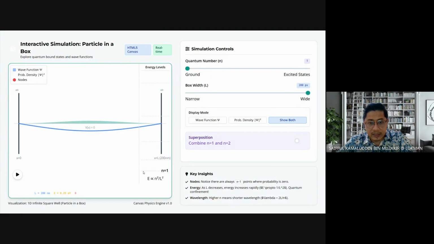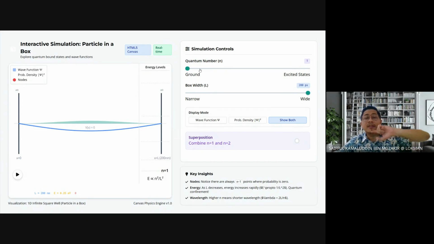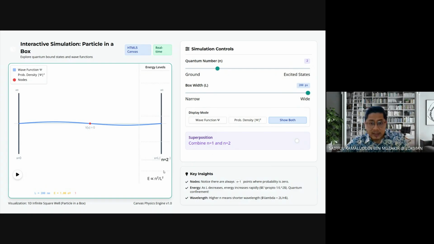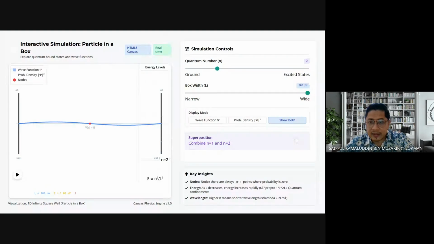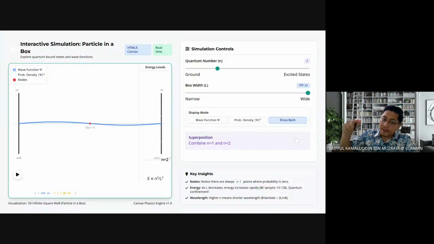E1 kat sini. How about E2, the energy level? Electron with excited state, the first excited state, it becomes like this. So E2 is like this. Naik atas sikit. Tapi berapa banyak, berapa kali ganda? E2 is 4 times E1. If E1 is 12, so E2 should be 12 times 4, 48.